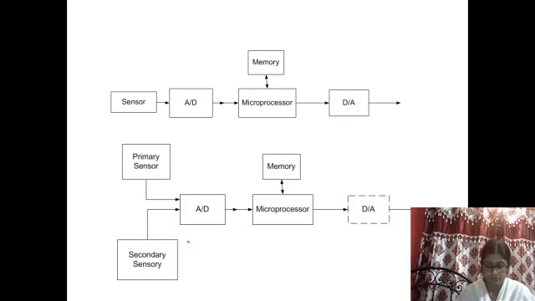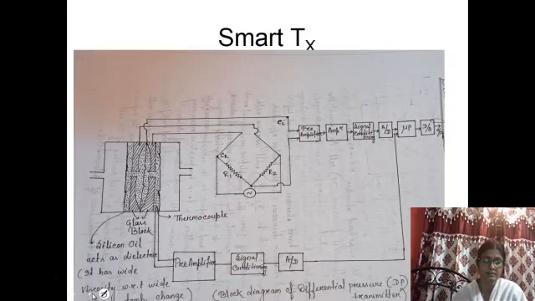So all programmable, this is the first level programmable controller, microprocessor based, and nowadays all these are programmable transmitters called smart transmitters. What are the smart features?